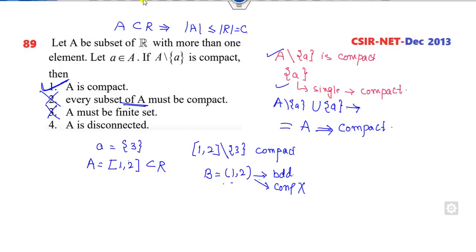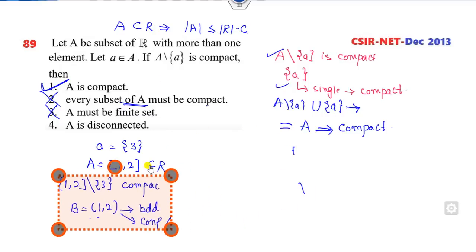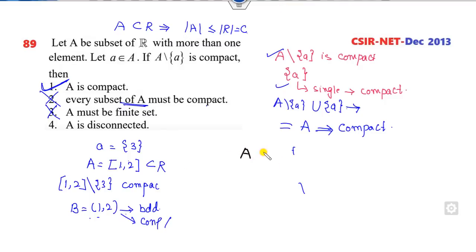A is disconnected. Okay, how can you prove that it's disconnected? Again, very simple. You just think about the definition of disconnected. How many elements are in A? A has more than one element. That is given to you.